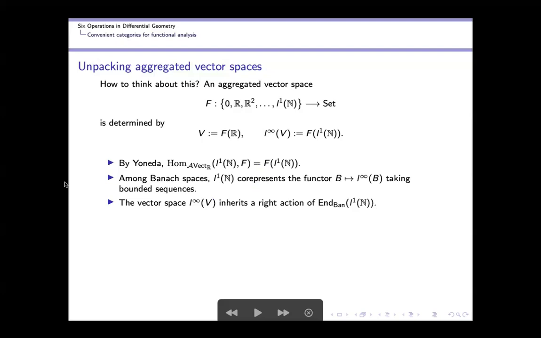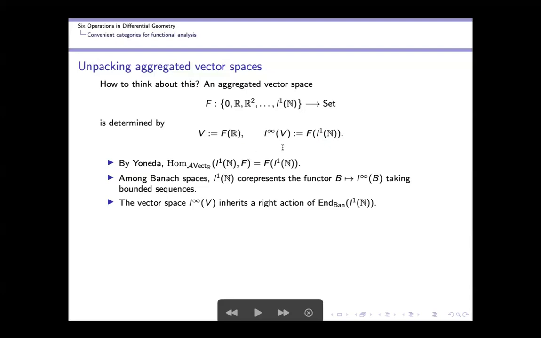It's completely formal that this set F of L1 is the same as mapping L1 into F. That's just Yoneda's lemma. But now imagine that F is actually something that you understand well, something like a Banach space.